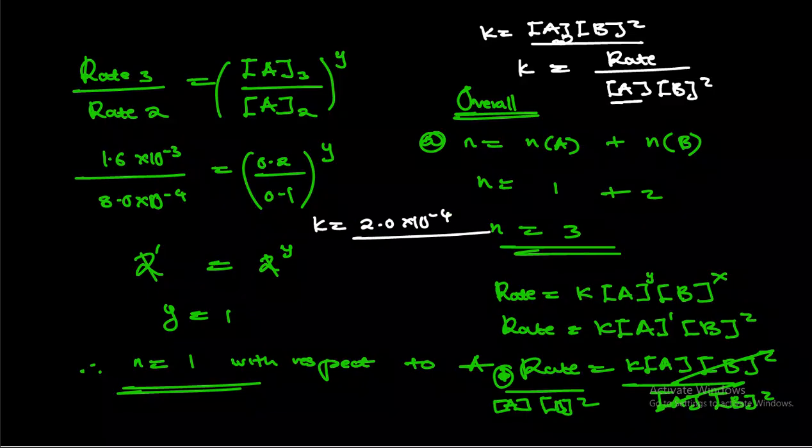And the concentration of A is 0.1, and B is also 0.1, squared. Once you type this on your calculator, you are going to get the rate constant, which is going to be equal to 0.02.